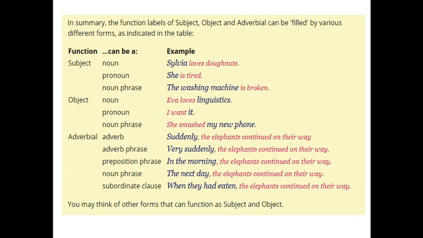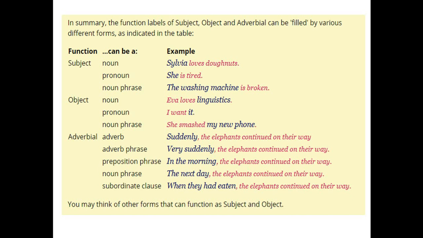In summary, the function labels of subject, object, and adverbial can be filled by various different forms as indicated in the table. So the function can be subject, object, and adverbial, and the subject can be a noun, pronoun, or noun phrase.